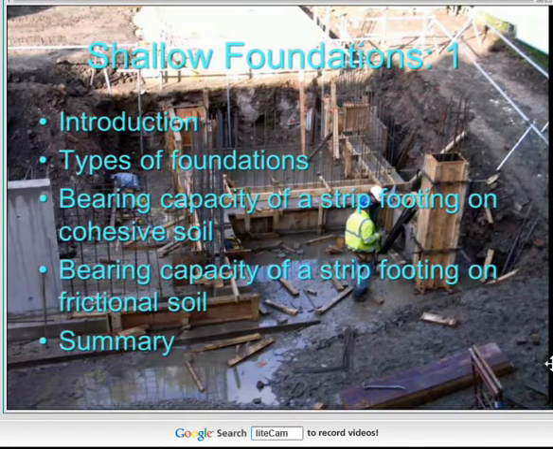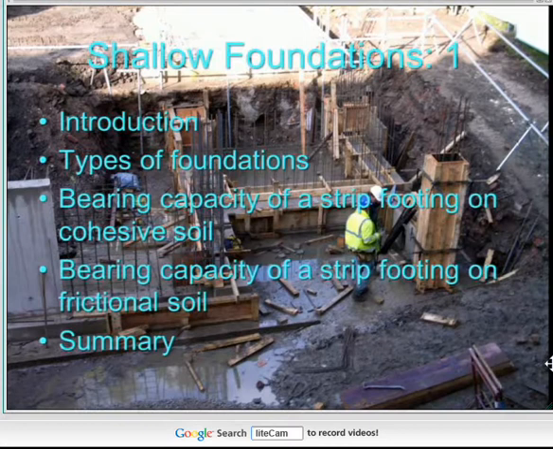And then there are deep foundations, where we either bore a hole to a depth of, say, 10, 15 metres, or we drive a column 10 or 15 metres into the ground, called pile driving, or we bore a hole to the same depth and fill it with reinforced concrete to create a deep foundation. And most foundations fall into one of those two categories. And what I said we'd do this time is look at the bearing capacity of the first type of those foundations, the shallow foundation.